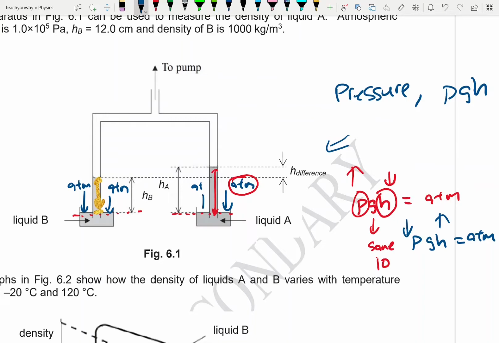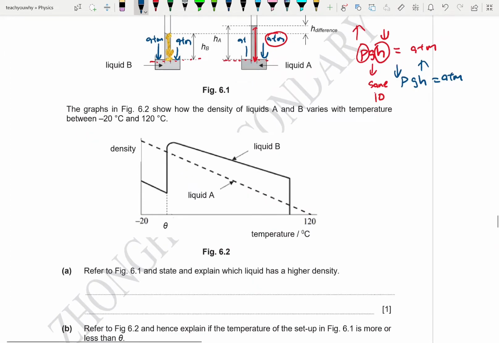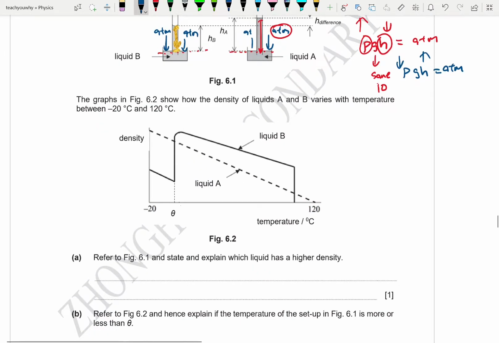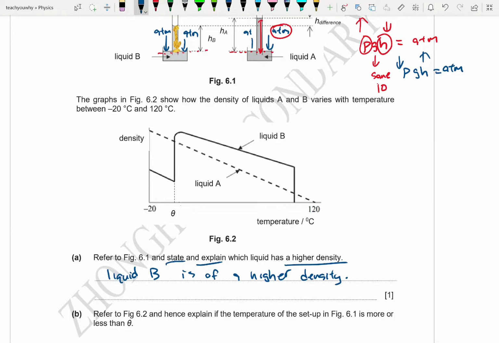Therefore, based on this diagram, we know that liquid B is of a higher density. State and explain. So we need to explain why.